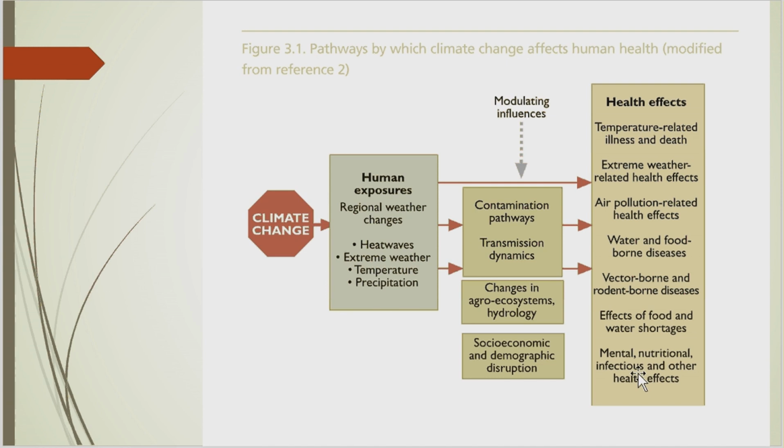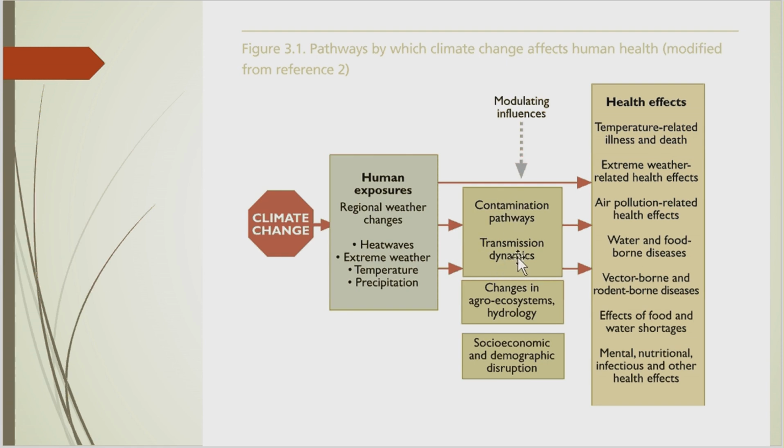So global climate change, through changes in agroecosystems, hydrology, changes in transmission dynamics with changes in vectors, and changes in temperature, is going to put more stress on things like food going off and so on, and therefore change contamination pathways.